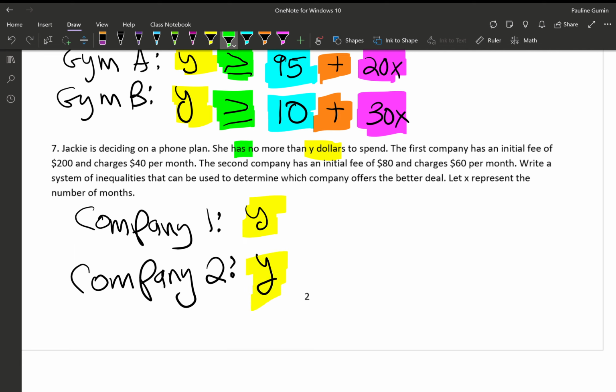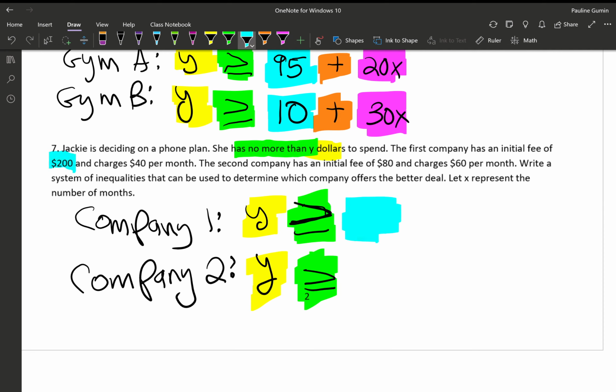She has no more than Y dollars to spend, which means her spending has to be less than that or exactly that. She cannot go over her budget. Now, her first company charges $200 to sign up. The second company charges $80. So that's a one-time fee.